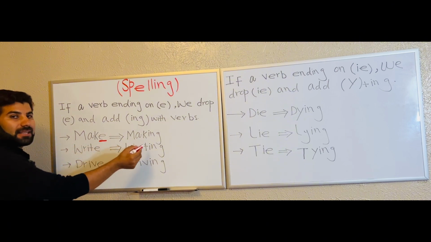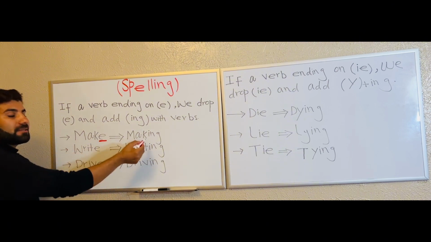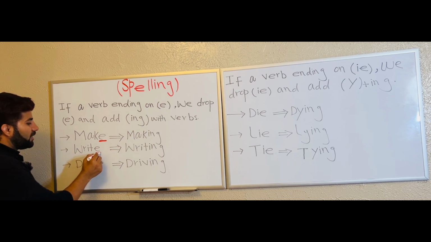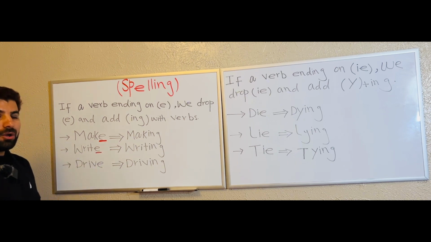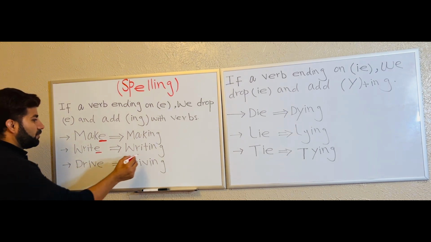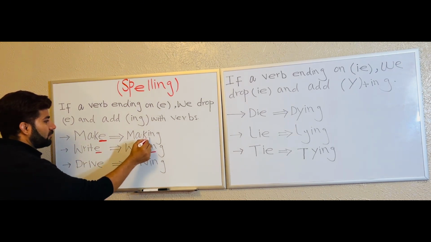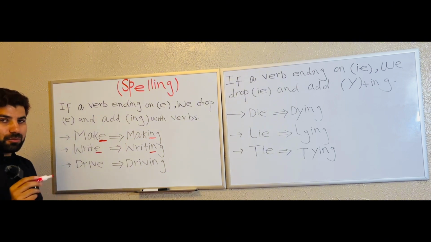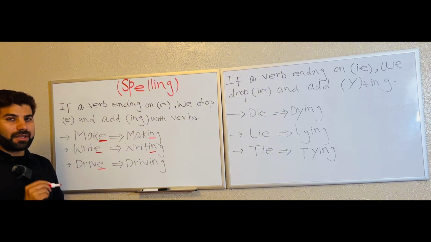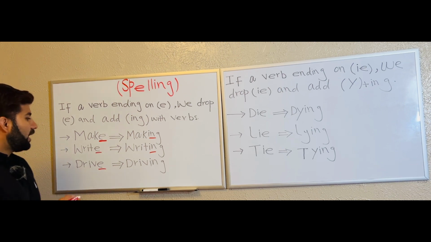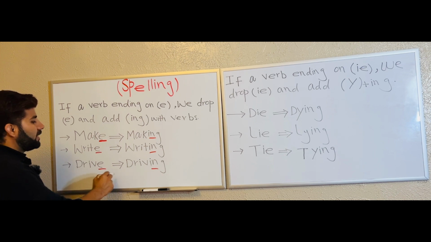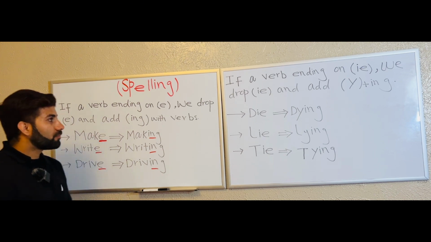From make, it is making. In other words, write. Write is ending in E. We drop E and we add ing. Another word, drive. Drive is ending in E. We drop E and we add ing. From drive it is now driving.